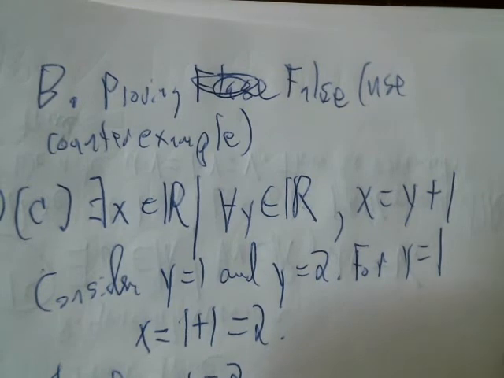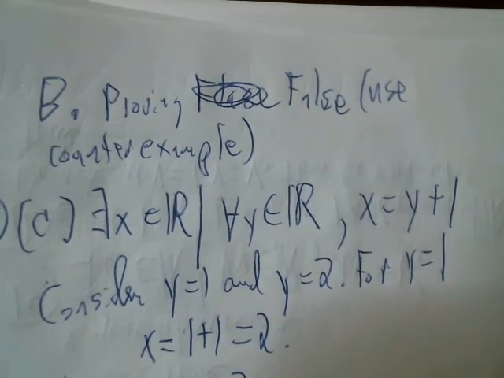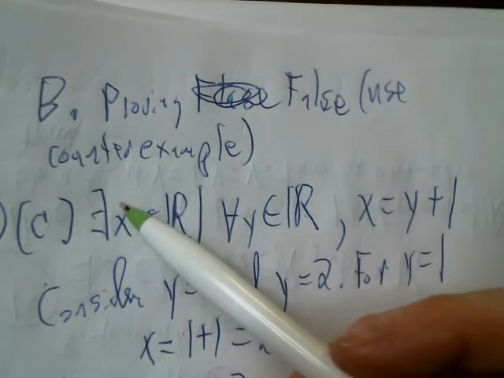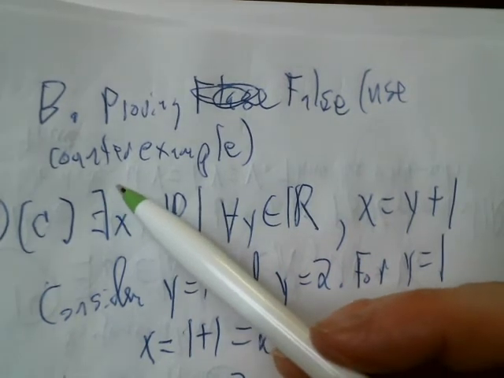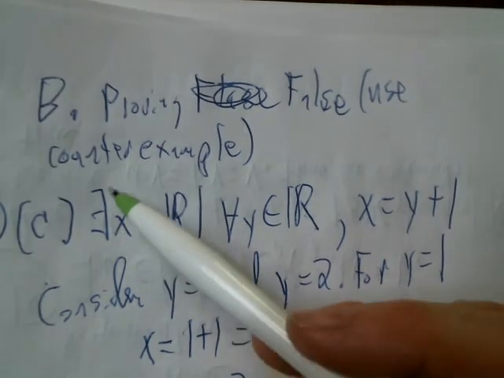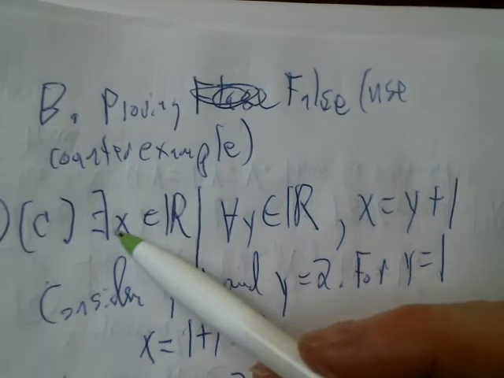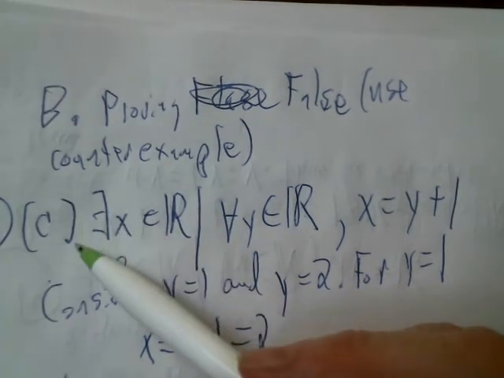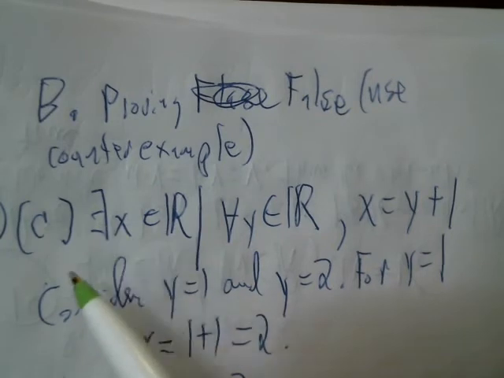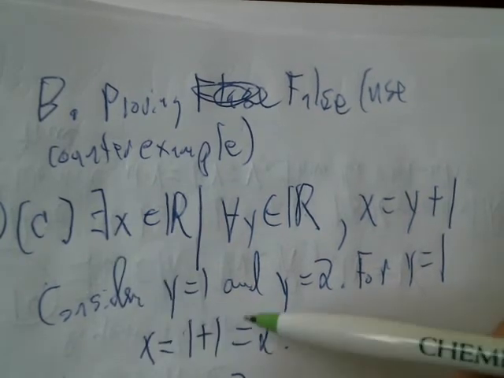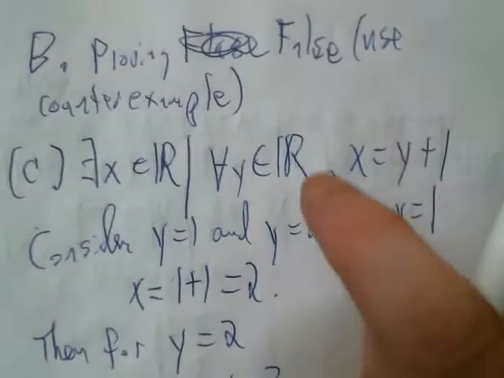Now this isn't about uniqueness. It's not that there are other ways to write there exists a unique X, and what they do is usually put an exclamation point in here, or maybe they put it in front. It's not about uniqueness. Here we couldn't even find one that worked for all Y. Okay?